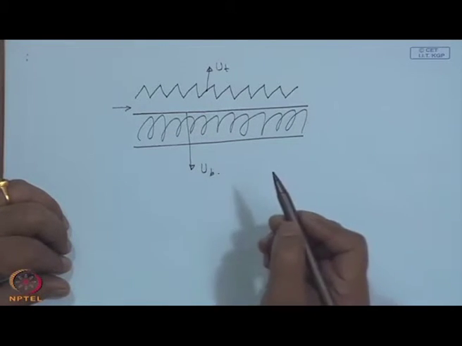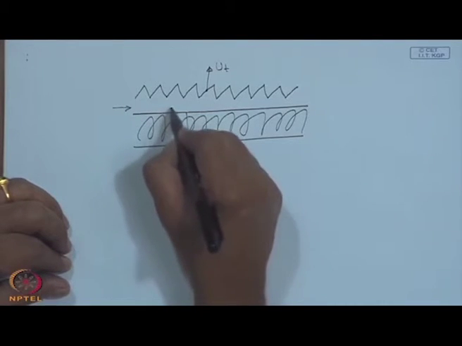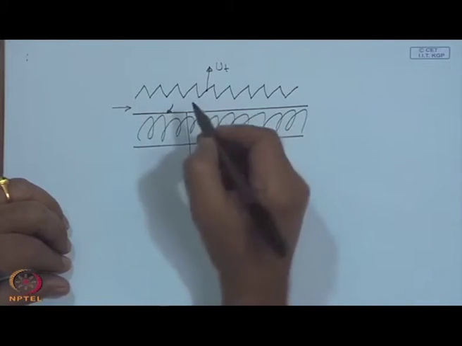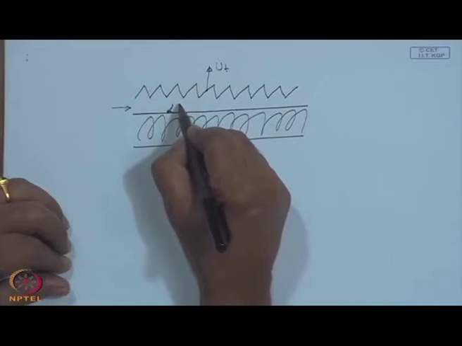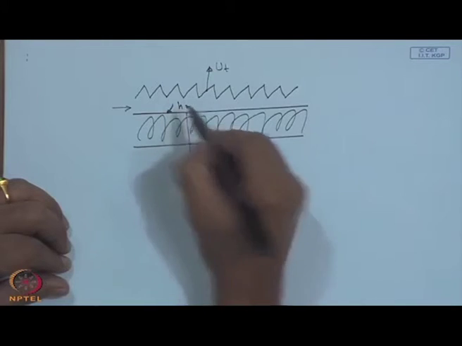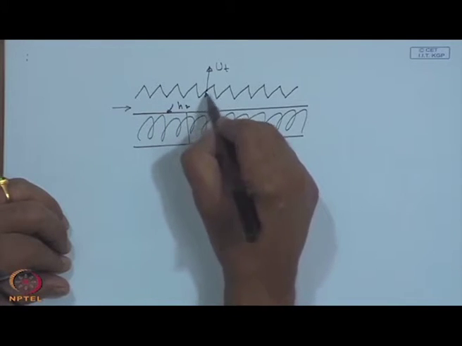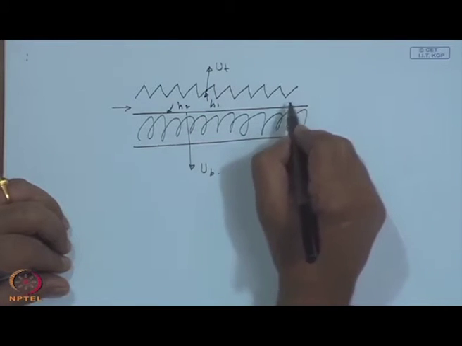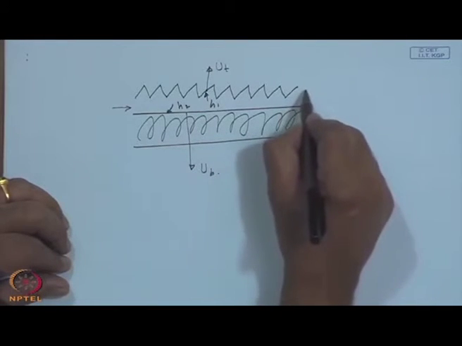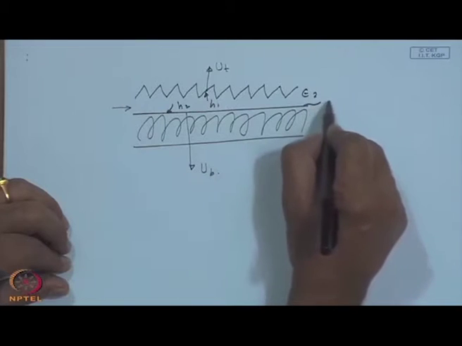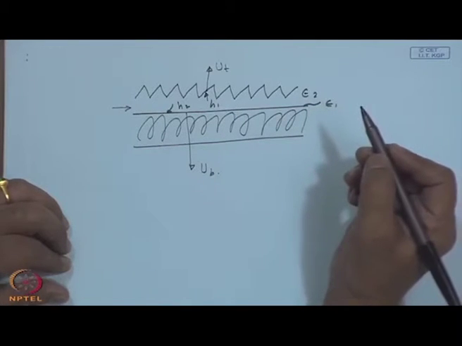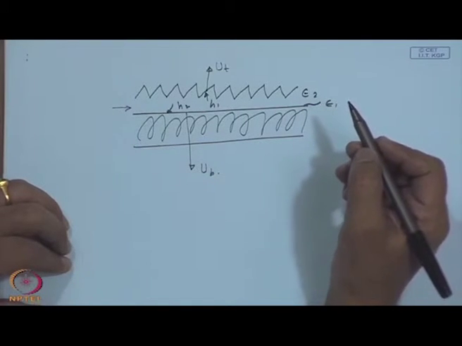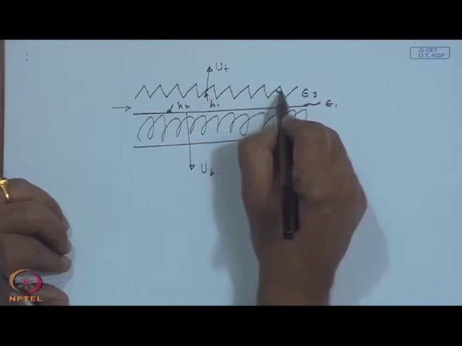So, U T and U B are your top loss and bottom loss heat loss coefficients. This is your H 2 to the corrugated plate, it is H 1, with of course, you can have an epsilon 2 and an epsilon 1, or correspondingly alpha 2 and alpha 1, and this angle is phi.